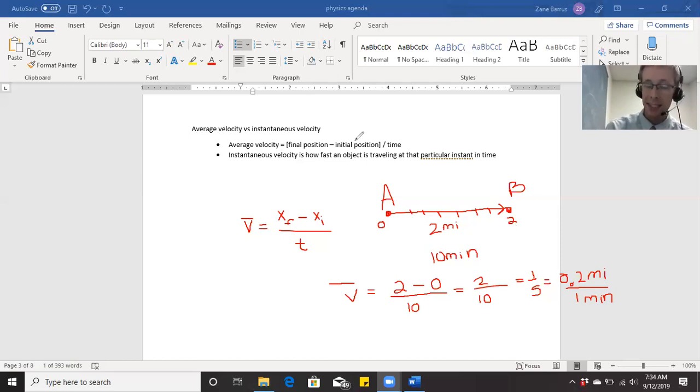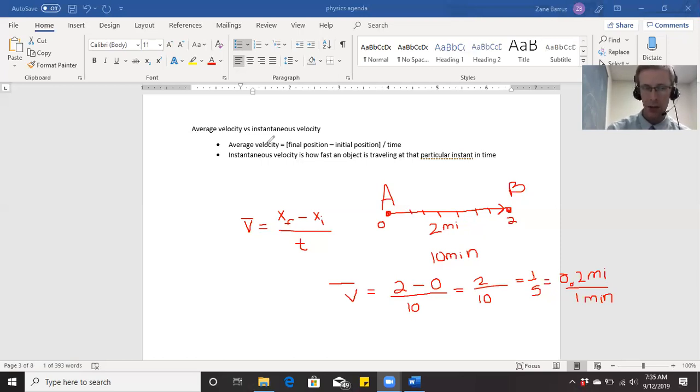Now, instantaneous velocity is how fast an object is traveling at that particular instant in time. Okay, so measuring instantaneous velocity isn't very practical because unless we have like a radar gun, like the police have to track how fast something's going, or unless we have a speedometer in front of us, it's really difficult to know exactly how fast we're traveling at any point in time.